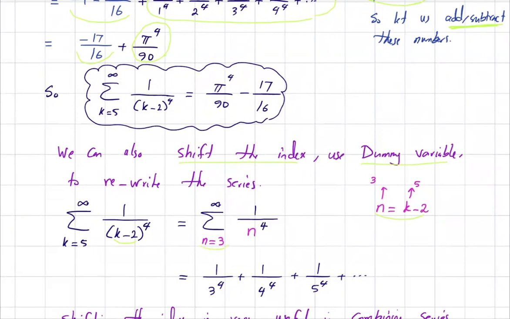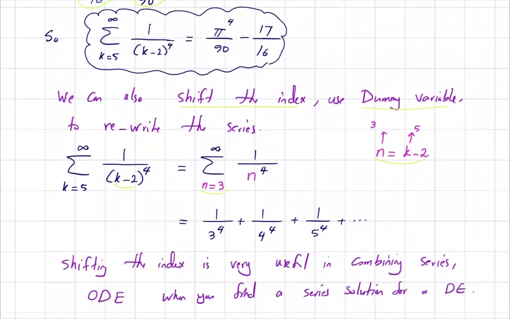So wherever you see k minus 2, write down n, and wherever you see k, write down n plus 2. So n starts from 3, goes to infinity, series 1 over n to the 4th, and if you list some of the terms, you get the exact same terms for this series. Nothing has changed, but this is a very useful technique that we're going to learn.